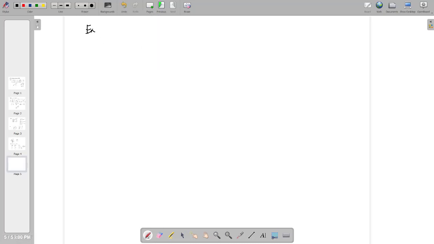Let's go ahead and do an example really quickly here. Find cosine of 210 degrees and tangent of 420 degrees. On our unit circle, we look for the angle 210 degrees, and that's actually right here.